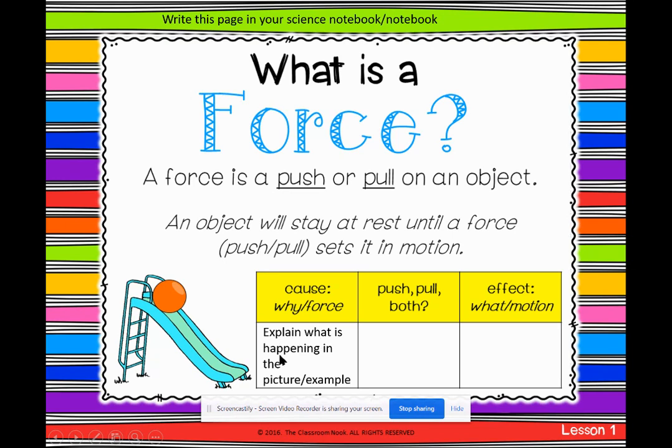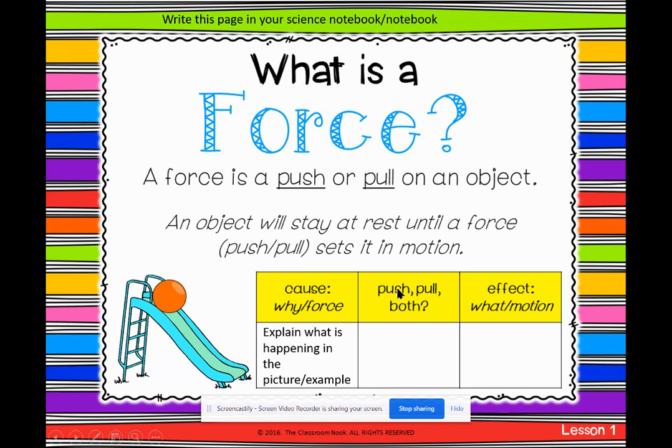You're going to explain what is happening in the picture. So when it comes to this ball on a slide, the ball is sitting at the top of a slide. That's pretty much what's happening.